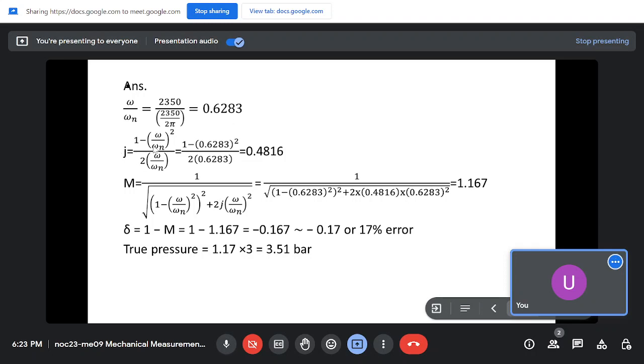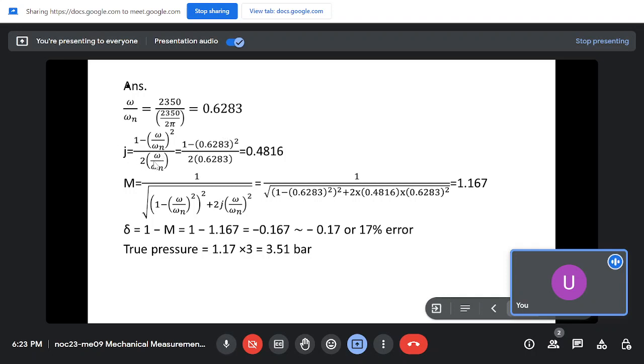And we also know that the phase angle is 45 degrees, so tan 45 is 1.